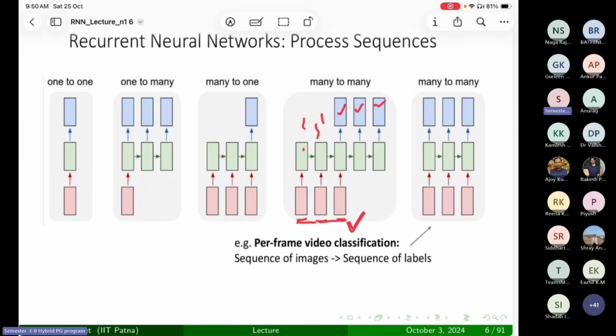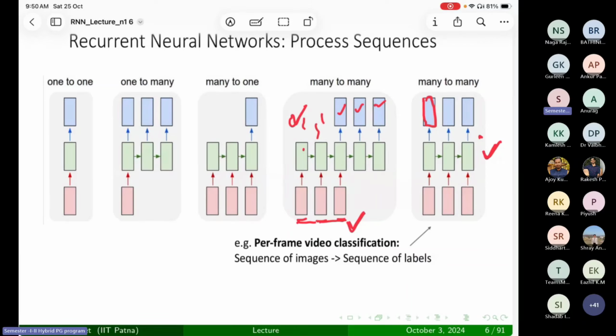You could have another type of problem, which is again many to many only. You can see here, it's also many to many, but this is not the same as what we have seen here. In this case, we are predicting output after getting every input. I'll give you one example.